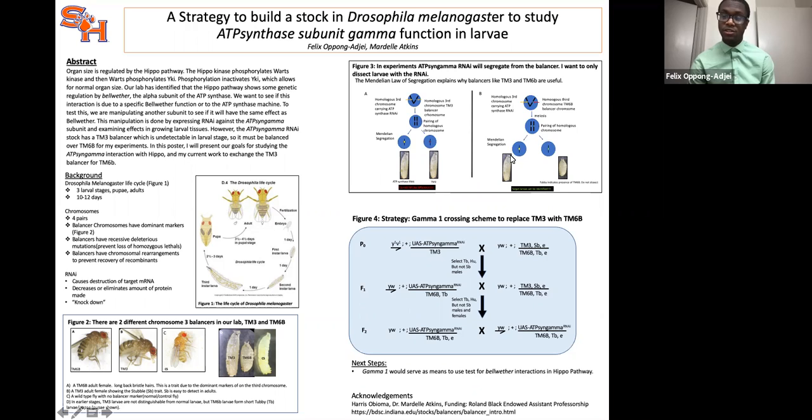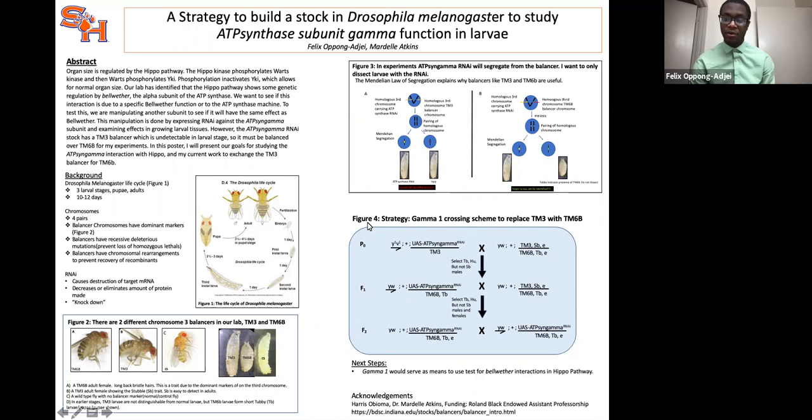And we also know this is ATP synthase RNAi over TM6B because those were the original parent flies that we crossed them with. So then we are sure that this has ATP synthase RNAi balanced over TM6B, and so is this.